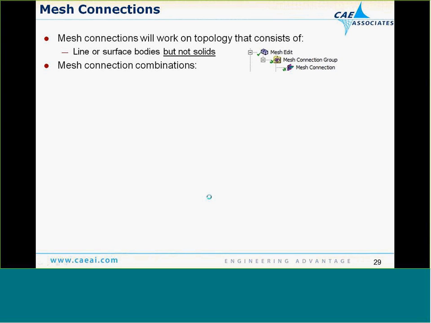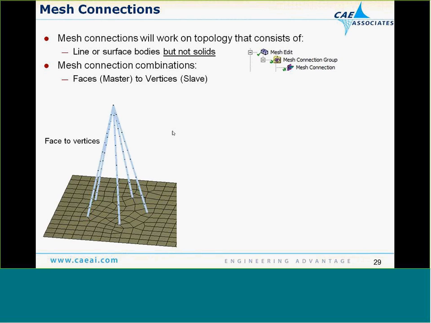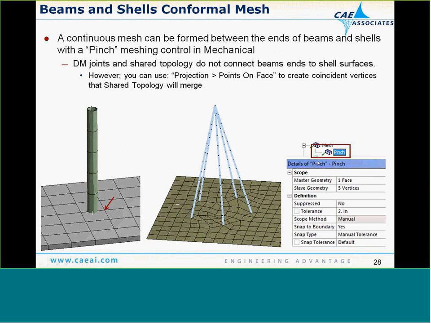Now, if we wanted to connect up the same geometry with a mesh connection, we can do that as well. So if we wanted to grab these vertices and then connect them to this face, we can do that with a mesh connection. And actually, the mesh connection, you can see, is doing the same exact thing as a pinch that I just talked about. Right here is a pinch.